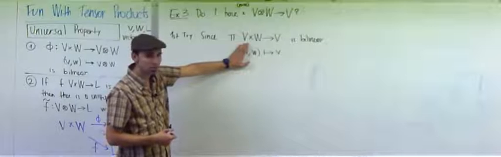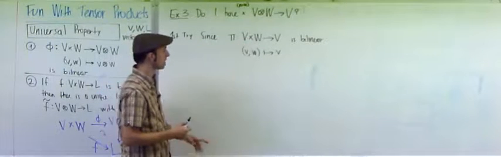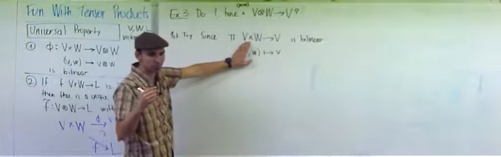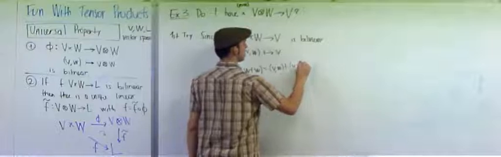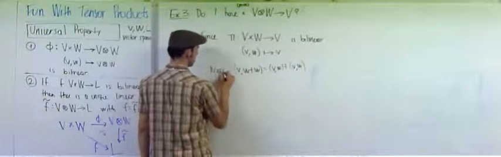This is actually not linear in W. Because, for example, you need f of (V, W plus W) to be equal to f of (V, W) plus f of (V, W).